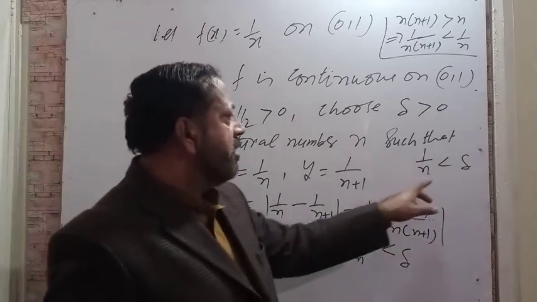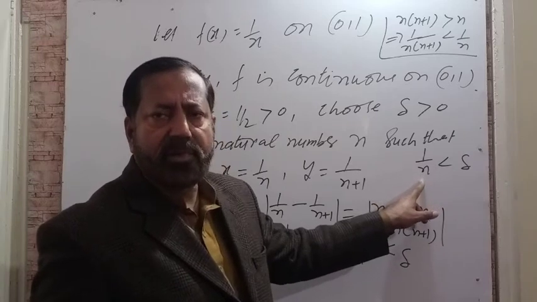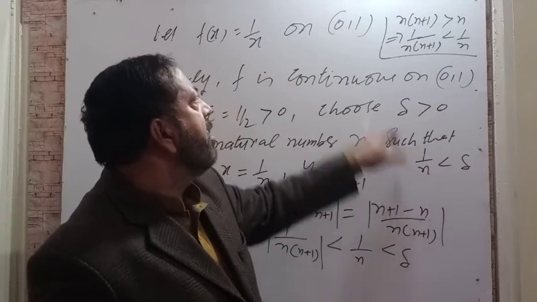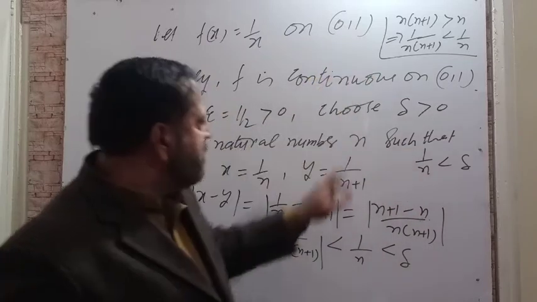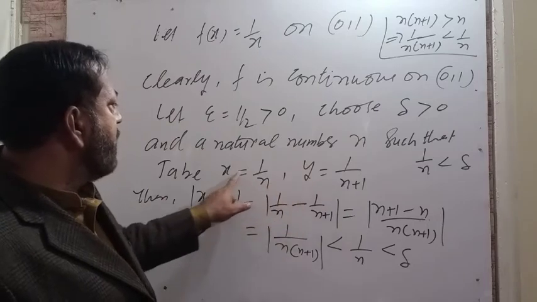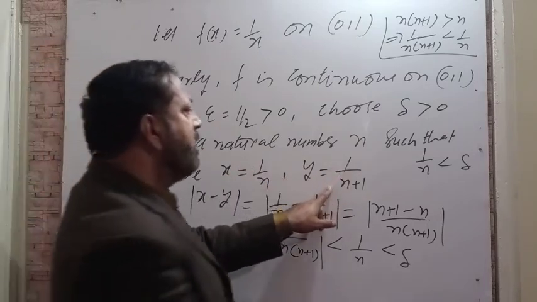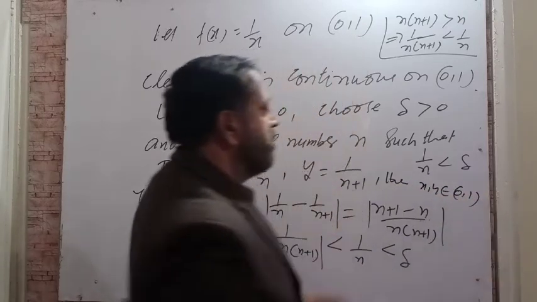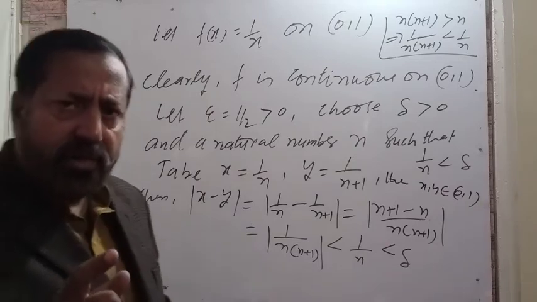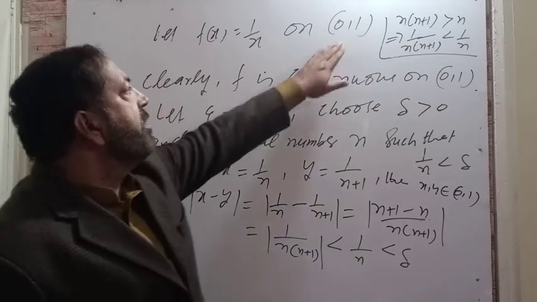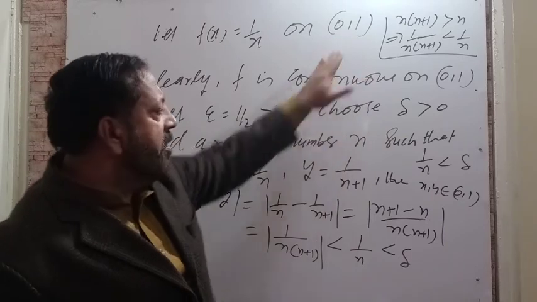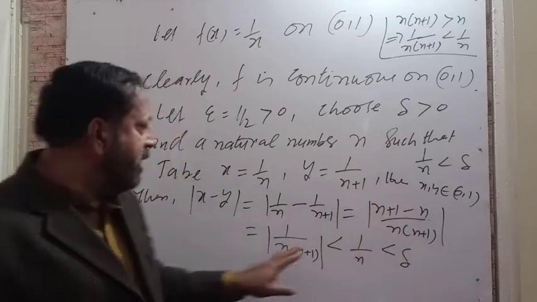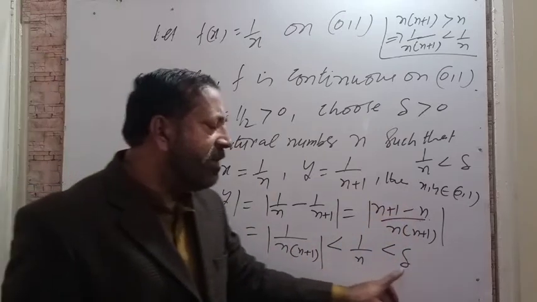Since this is always possible, you can find a natural number so that 1 over n is less than delta, and also 1 over n and 1 over n plus 1 belong to the interval (0, 1). So x and y belong to (0, 1), with the condition that |x - y| is less than delta.